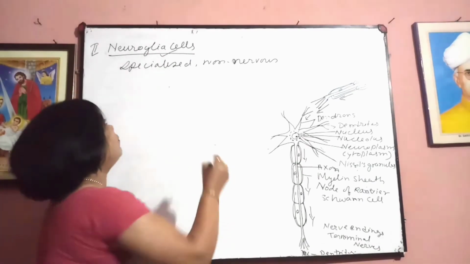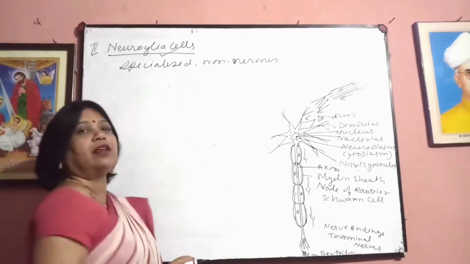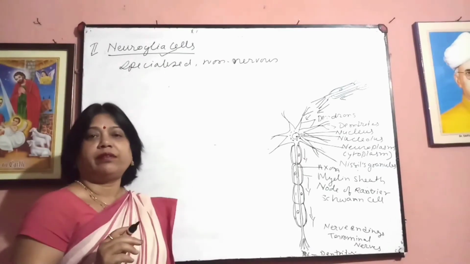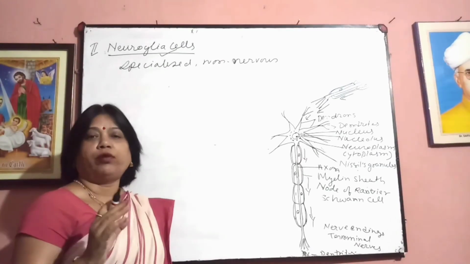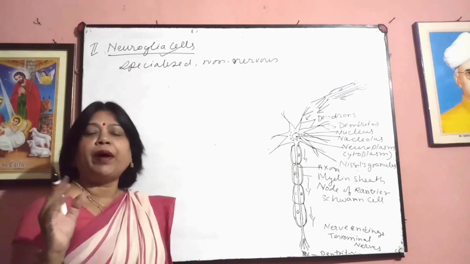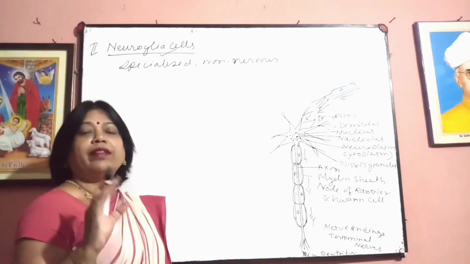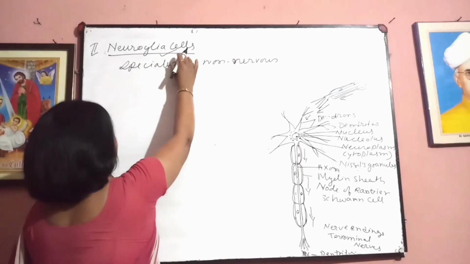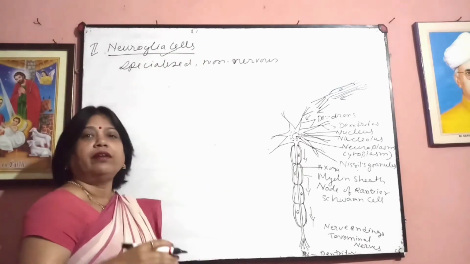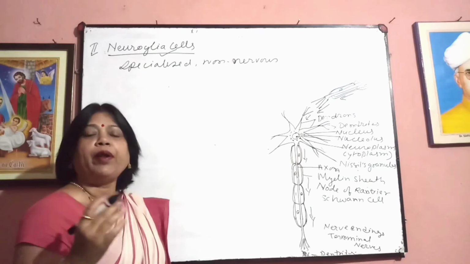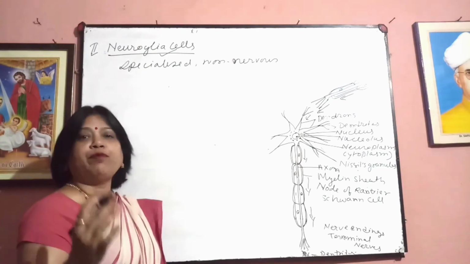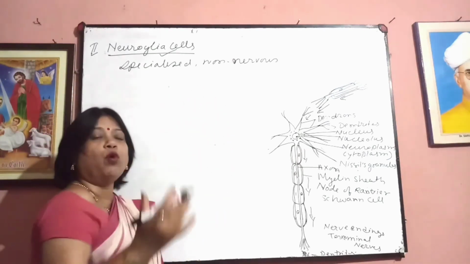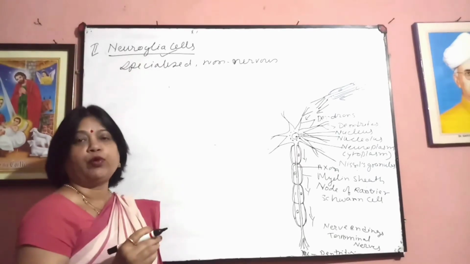The number of neuroglia cells is abundant. These are more than the number of neurons. That means the number of neuroglia cells is 10 times more than the number of neurons.